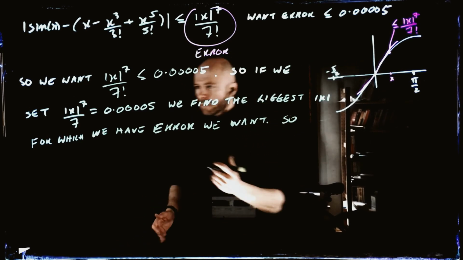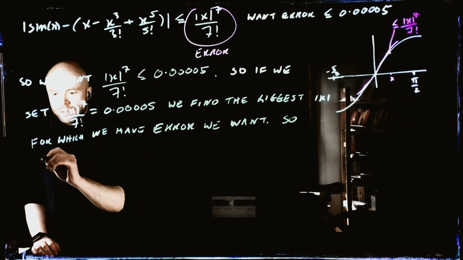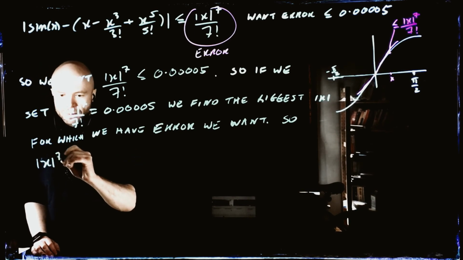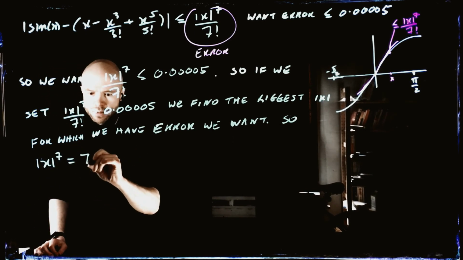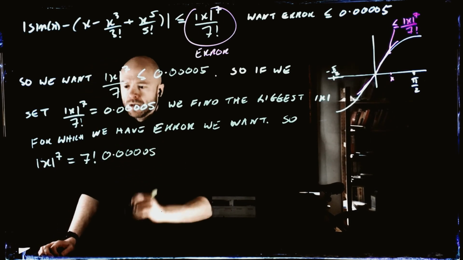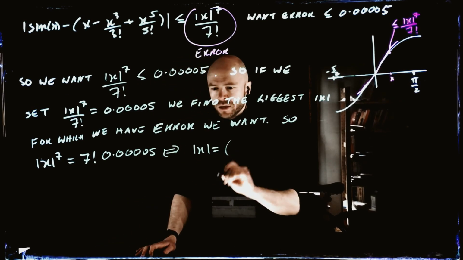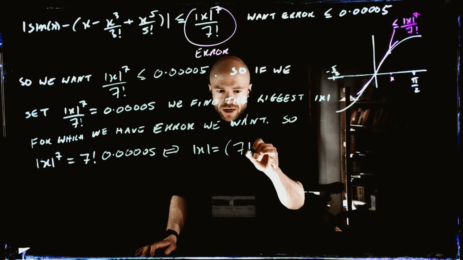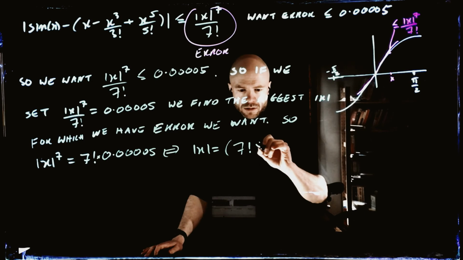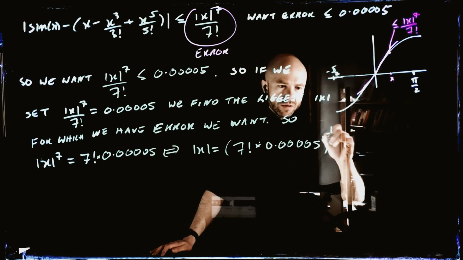So, let's just unpack what that says. This is factorial. So that's the same as saying that mod x to the power 7 is equal to 7 factorial times 0.00005, and therefore mod x is the 7th root of 7 factorial times 0.00005, that is, to the power 1 over 7.